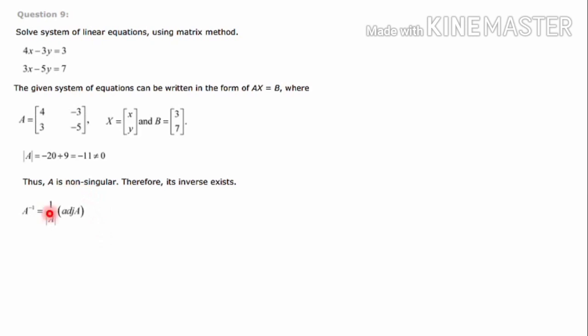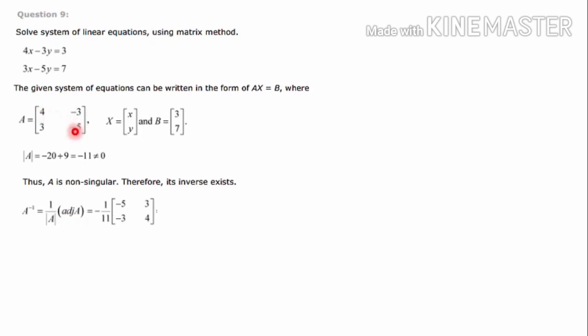A inverse is equal to 1 divided by determinant A. Determinant A value is minus 11. And into adj A. Adj A we know how to calculate by using the shortcut. Let's substitute it. That is 1 divided by minus 11, so I have written it as minus 1 by 11 into adj A. We use the shortcut. First, the diagonal elements we have to interchange.